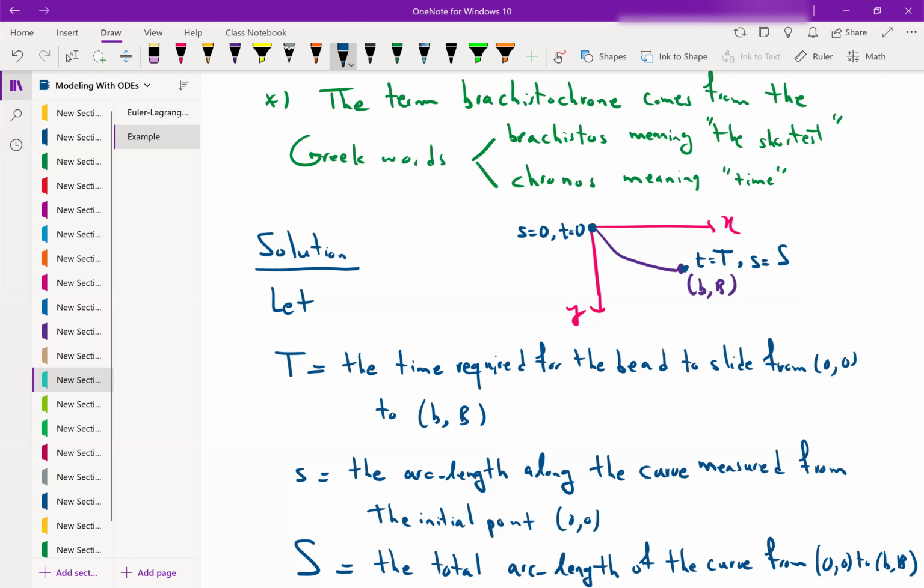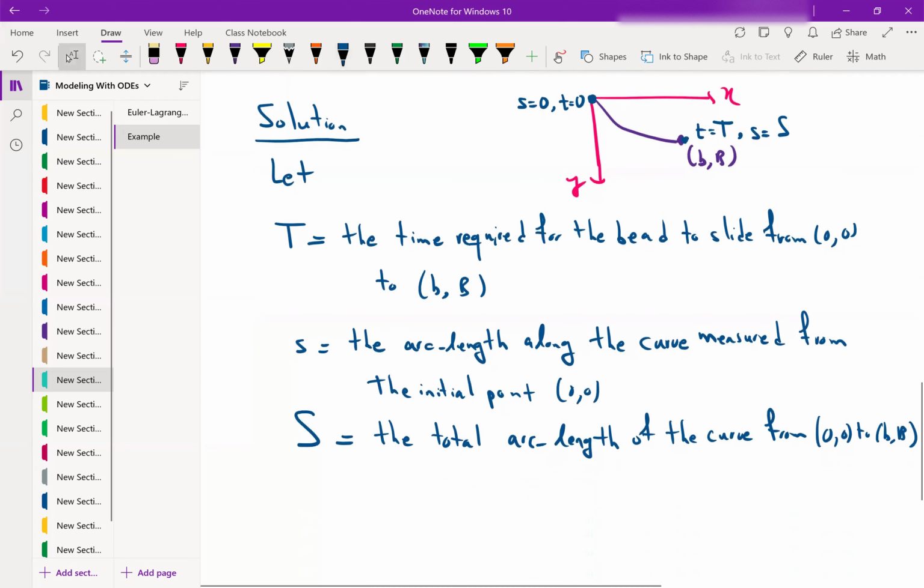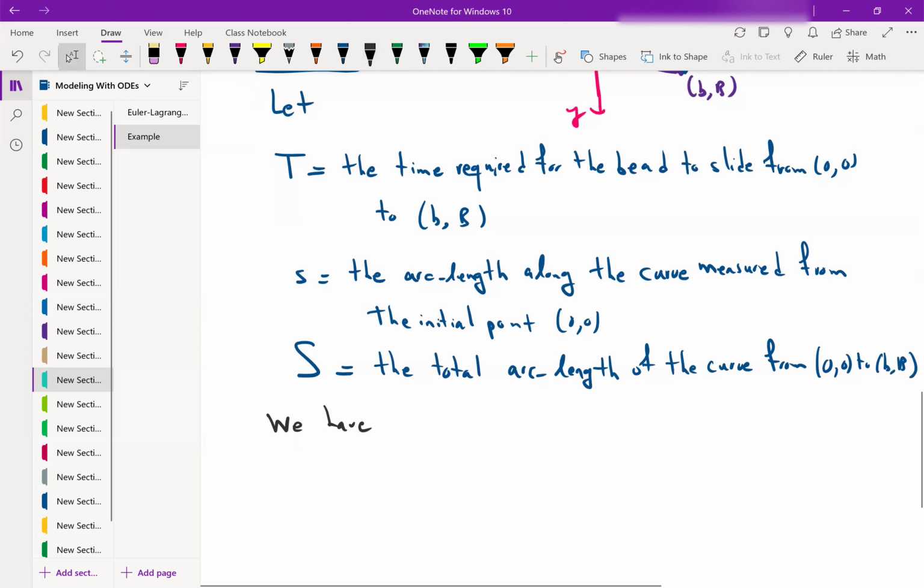So among all the possible purple curves, I want to find a curve that minimizes big T. So how do I think of big T? This is the way we're going to attack. This is, I think, very interesting, creative, beautiful. I wanted to find a formula for this big T, and the way we will do it is as follows.